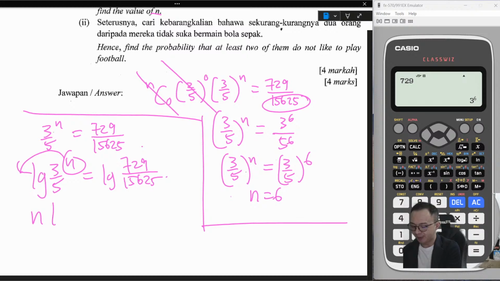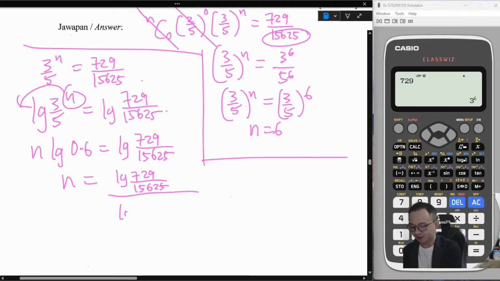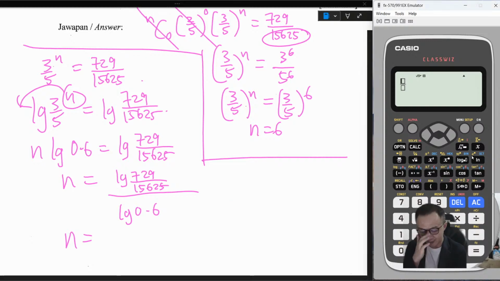So n multiplied by log 3 over 5, or you can write 0.6. Then here, actually I should type in the calculator, but I will type later. So n equals this value divided by log 0.6.